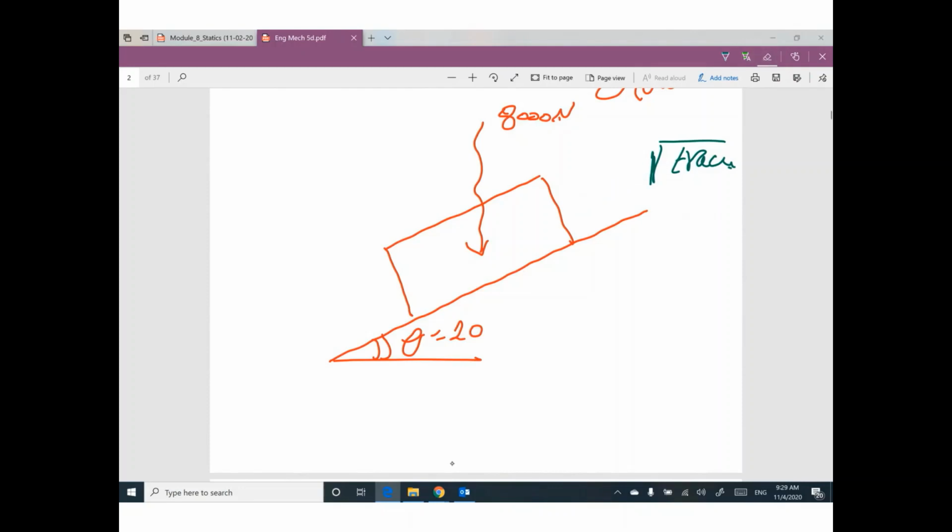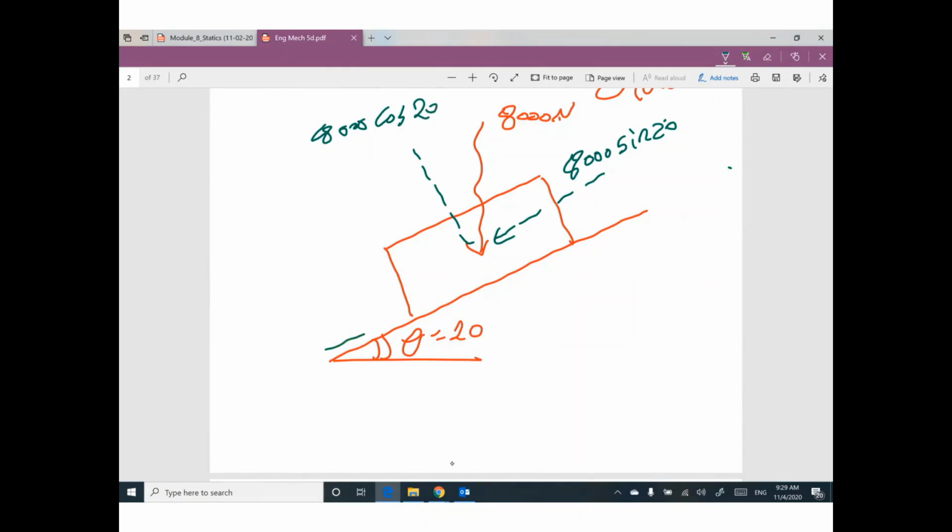No need. That means if you get 8,000 sine 20 and 8,000 cosine 20, and you have friction here, this friction is enough.